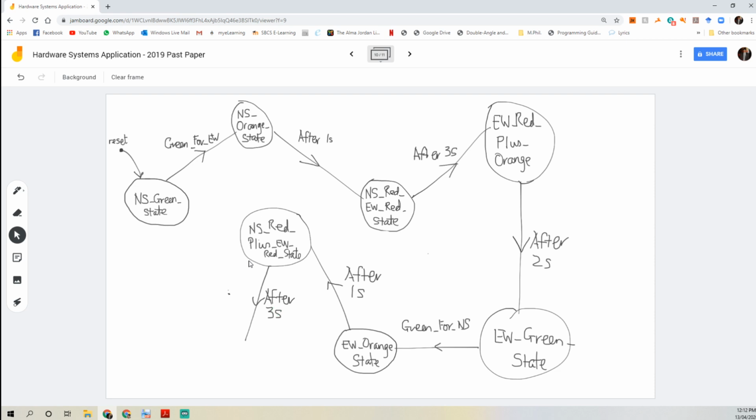we are going to be now in the north-south red plus orange, which is going to signify that our north-south lights are going to be red plus orange, and then they're going to go directly into the green state. So here I'm going to have my north-south red plus orange.